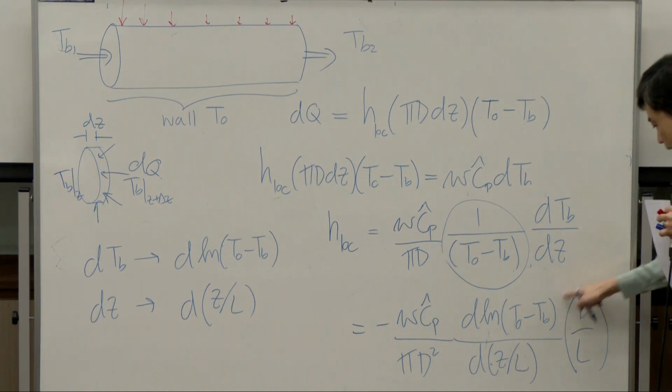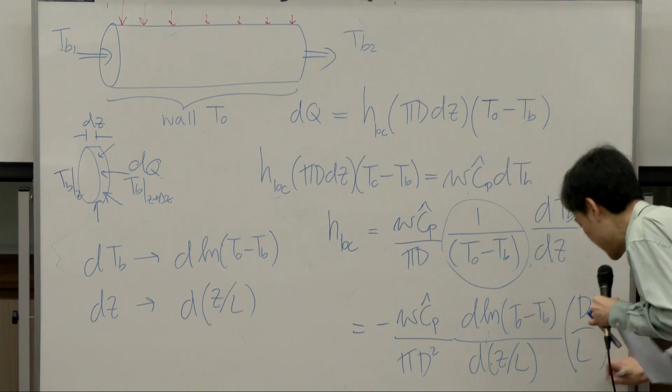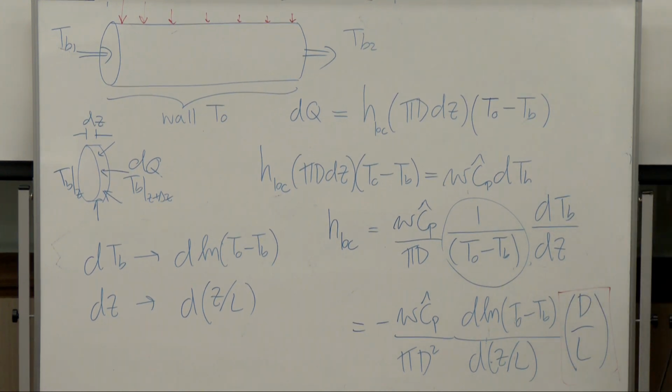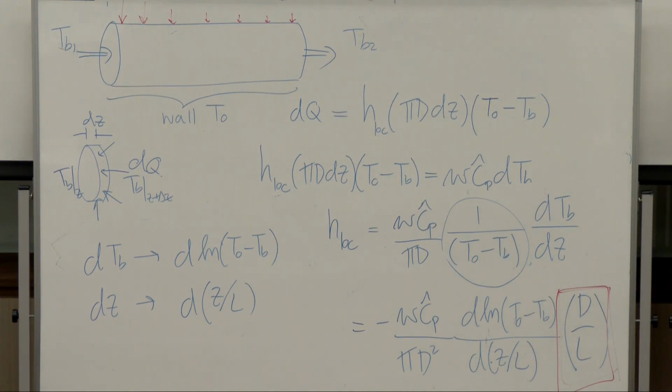And now we have D over L. Let's say this is D over L. I have D over L over here, I have D over L over there and there.